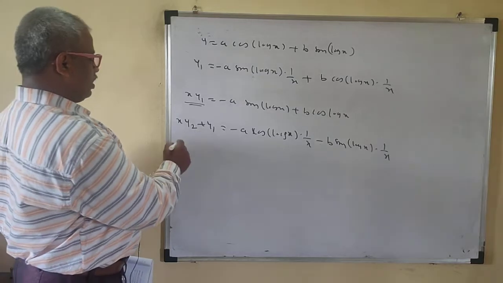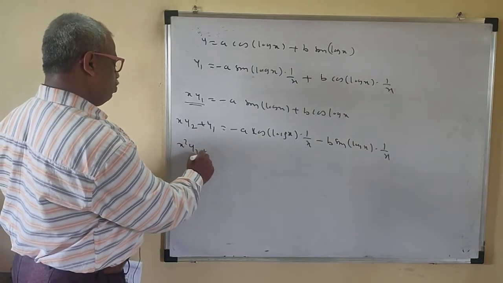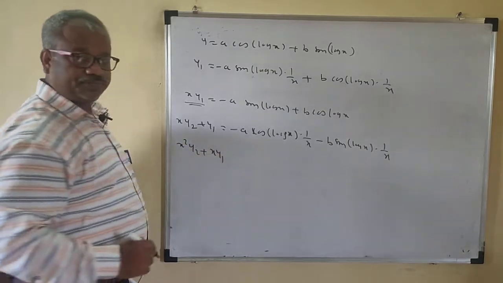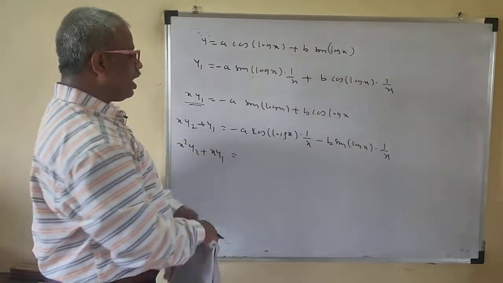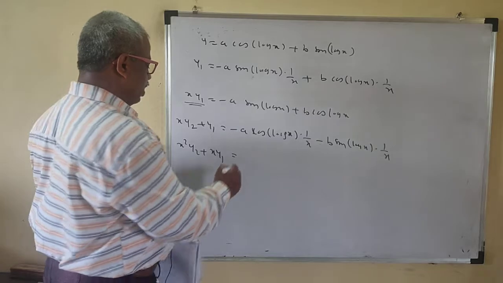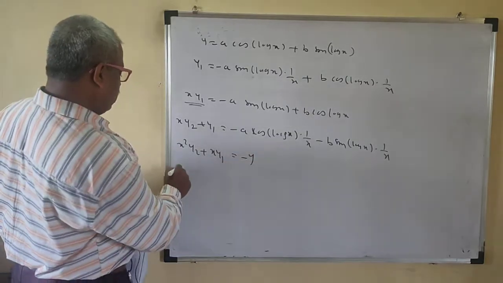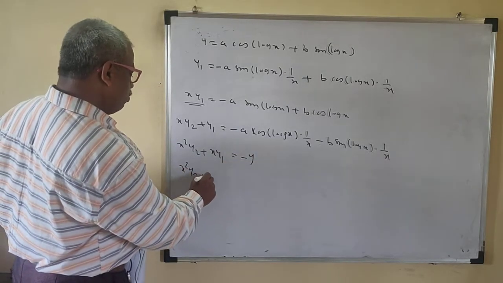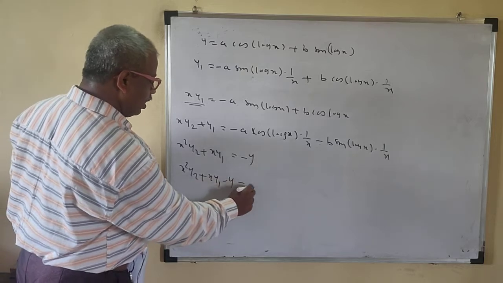Again I will shift this x. So this is x square y2 plus x y1. If you multiply by minus here, we get minus y. That means x square y2 plus x y1 minus y is equal to 0.